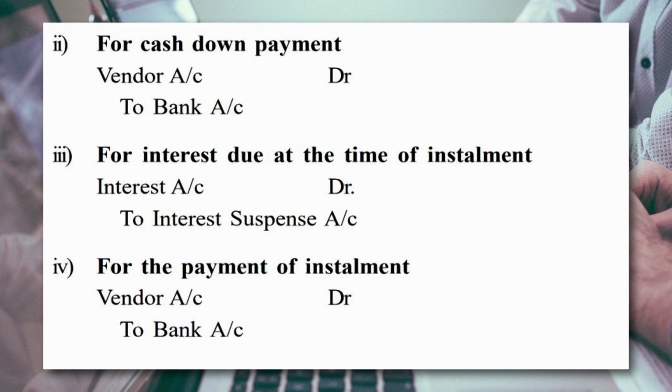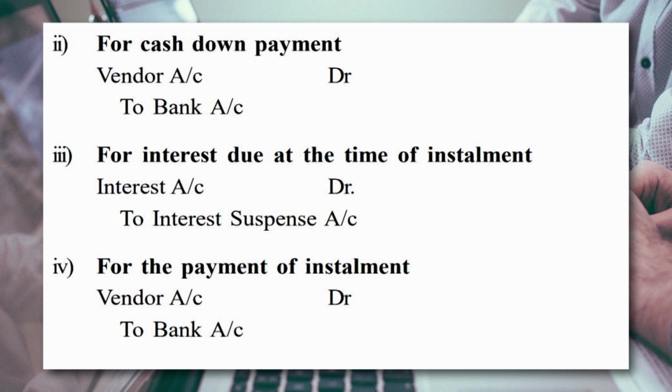Then for interest due, very simple. For the buyer, interest is an expense. So as per the rationale of the nominal account, the accounts of losses and expenses must be debited. So here interest is an expense, therefore as per the rationale of the nominal account, debit all expenses and losses, therefore interest account has been debited, to interest suspense. So why have we credited the interest suspense account?